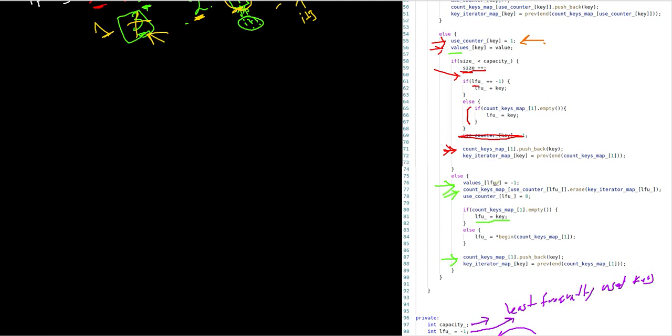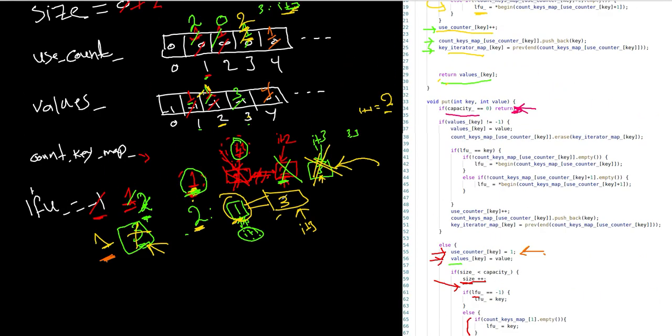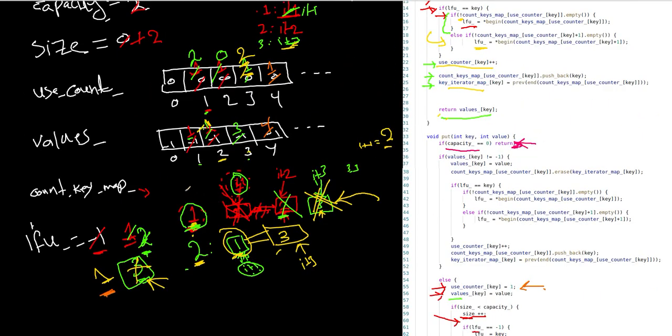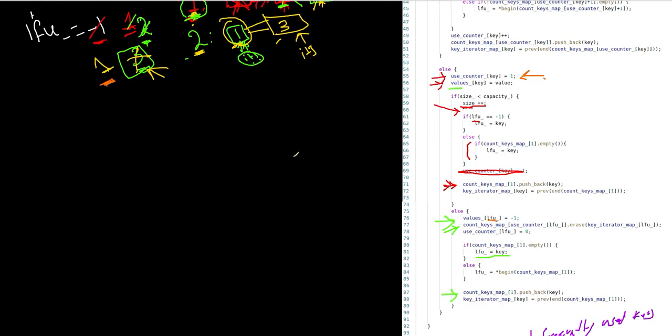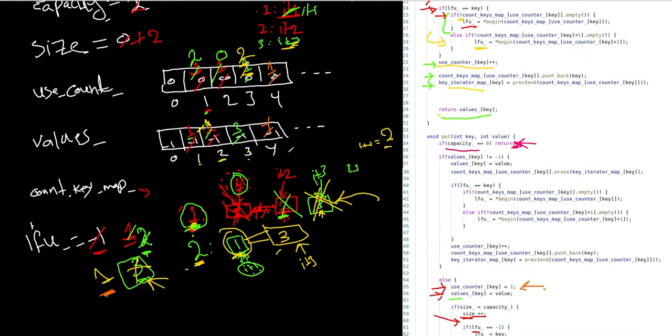We need to invalidate the LFU. Current LFU is 1, so we need to invalidate it. First of all, we need to put the value to -1, so this is 4, and the value of the key 1 becomes -1.